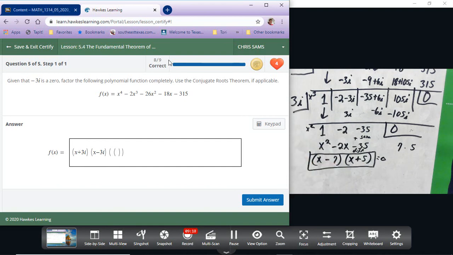So x minus 7, and then we need x plus 5. Okay, so this is what they mean when they say linear factors.